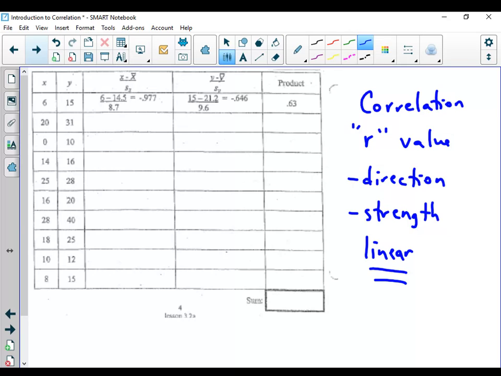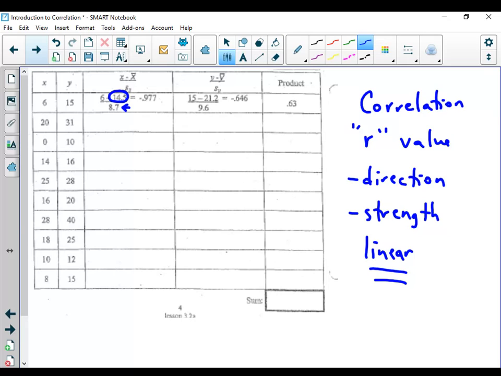So notice in this one, they told us that by filling in the parts, they're basically telling me that's the mean, and they're telling me this is the standard deviation. So if I want to find the z-score for the next one, now you don't have to write down every single part here. So you don't have to write down 20 minus 14 and a half and so on. You can type it into your calculator. But let's see what the z-score is. Now they went to 3 decimal places. I'm just going to go to 2.